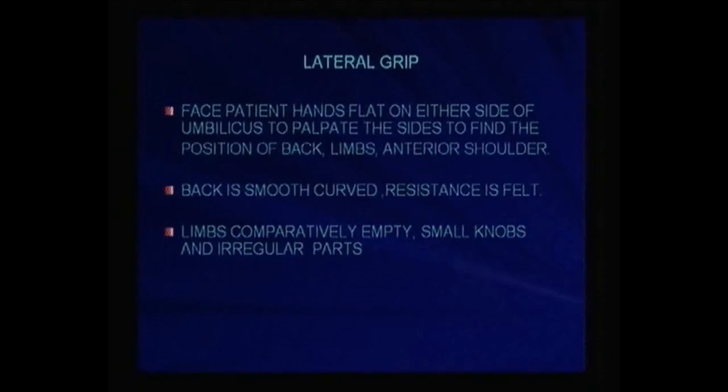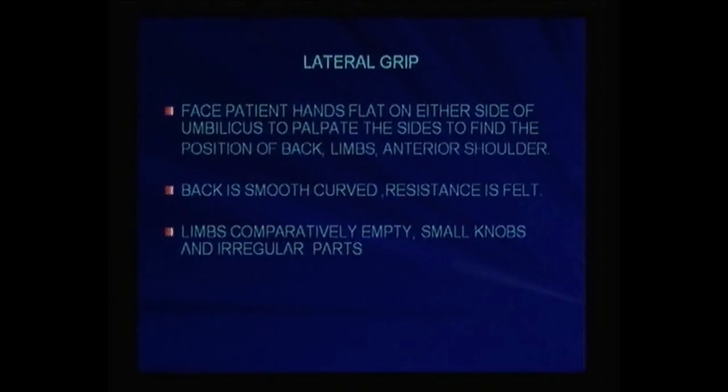The Leopold's second maneuver, that is the lateral grips. Again, the examiner would face the patient, hands flat on either side of the umbilicus to palpate the sides to find the position of back, limbs and anterior shoulder. Back is smooth, curved and a resistance is felt. Where the limbs are on that side, there will be a relatively empty feeling.